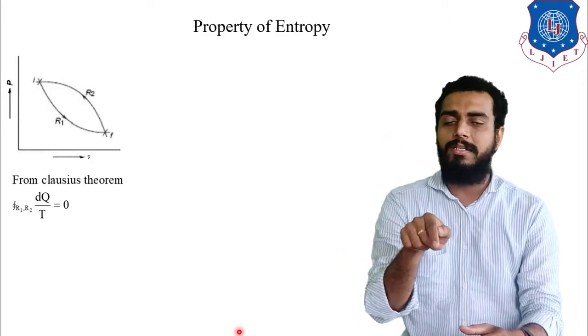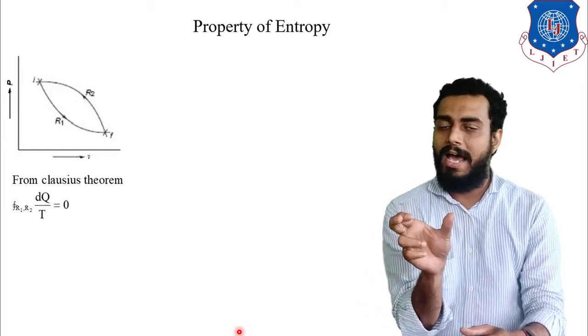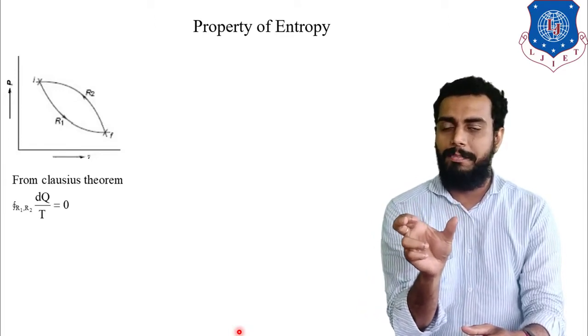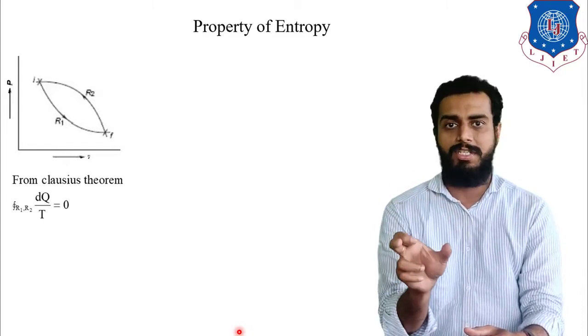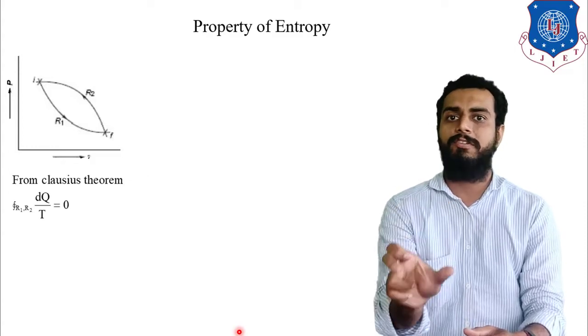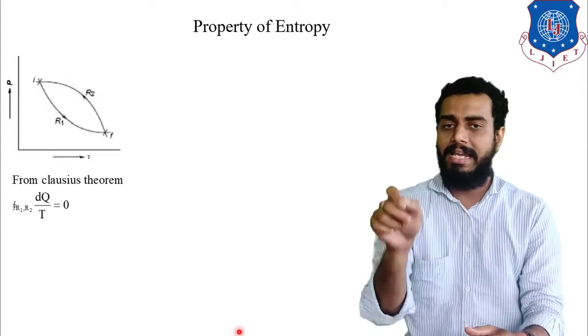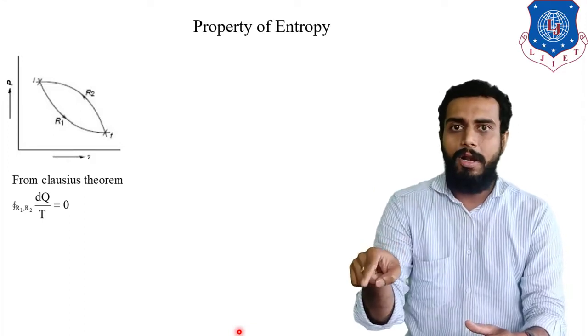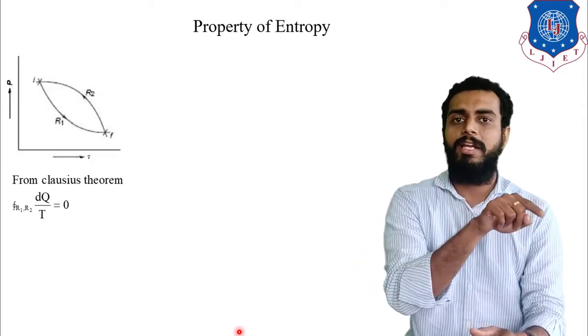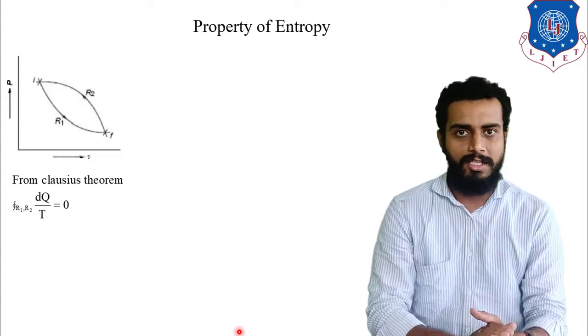Here R is written for emphasis. What does it mean? Simple. It shows that both paths are reversible, or the process is reversible. R stands for reversible. So the cyclic integral of dq by T for the R1 and R2 paths will be equivalent to 0. That we know from the Clausius theorem.